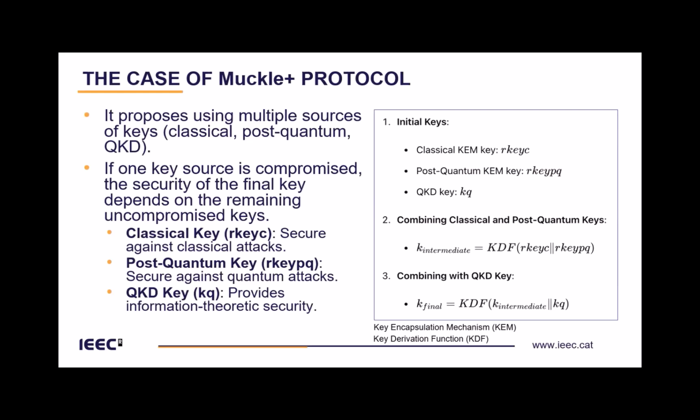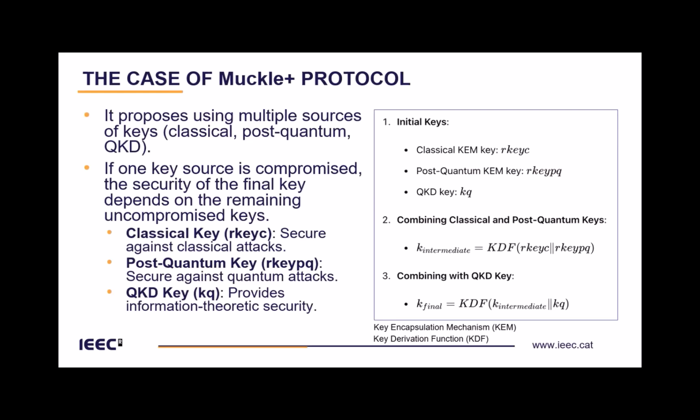What they do is propose to use multiple sources of keys, classical, post-quantum, and QKD, as part of the same protocol. They classify them like this: the classical key, secure against classical attacks; the post-quantum key, secure against quantum attacks; and the QKD key with information-theoretic security. Each of them has a different type of security definition, mathematical underlying framework, and algorithm framework.